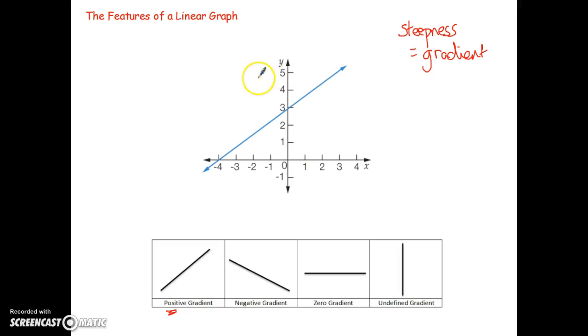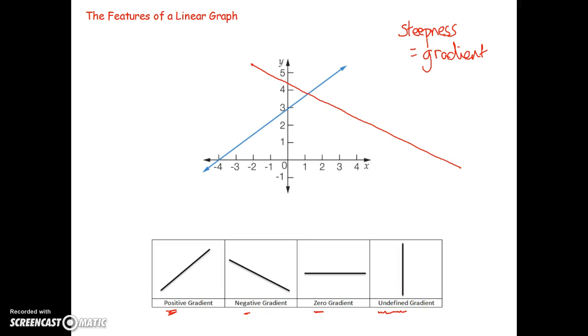If my line was sloping back over like this somehow, I would say I have a negative gradient. If my line's just going straight ahead, it has a zero gradient or zero steepness because it's very flat. And if my line is going straight up and down in a vertical, we can't actually talk about the gradient. We say it's undefined. It actually doesn't have a gradient at all.